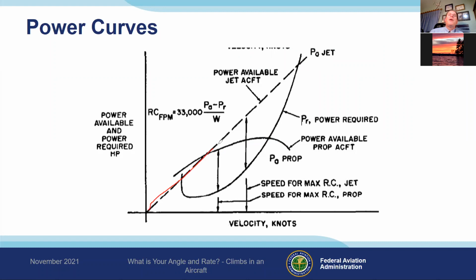And as you take a look in most FAA things, there are small differences here, some curvature to it, but most of what you end up seeing from us will just show it as a straight line on jet powered aircraft. And where you end up with the highest rate of climb, your VY occurs where you have the greatest difference between those. And if you want to figure out your rate of climb in feet per minute, there's a formula for you right there using English units.